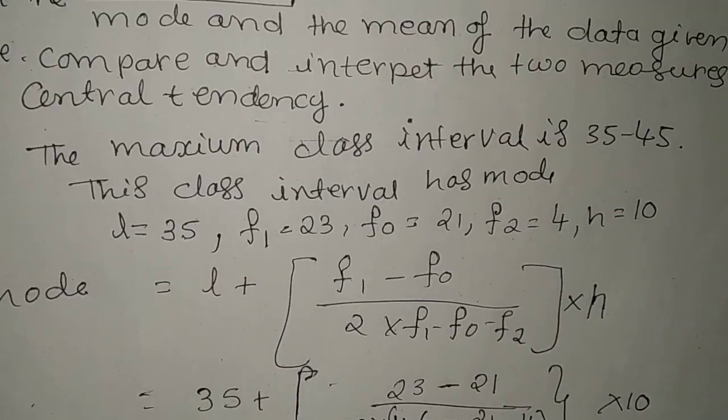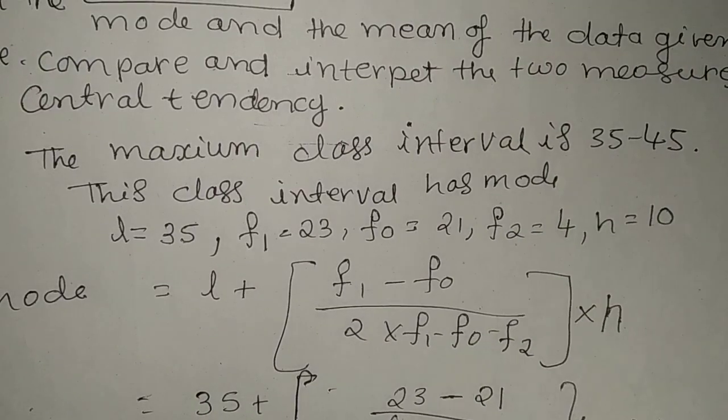Then we move on to calculate the mean. So once again we have to write down the table because the values are there.